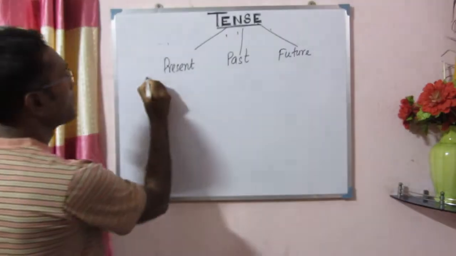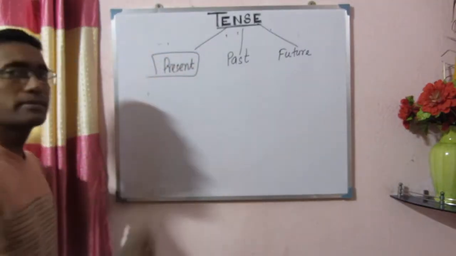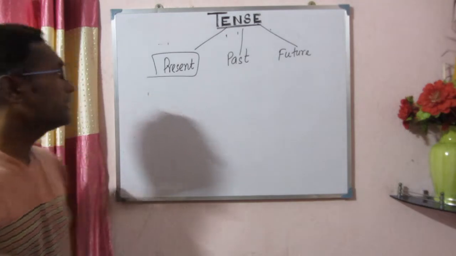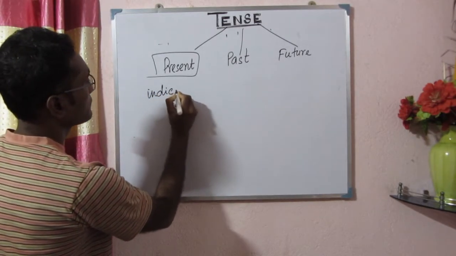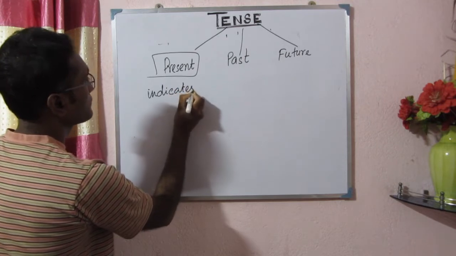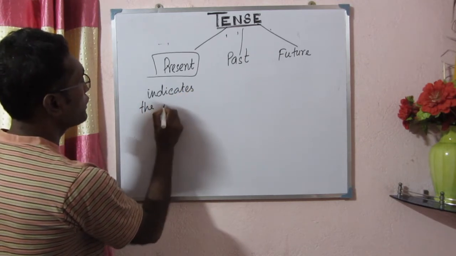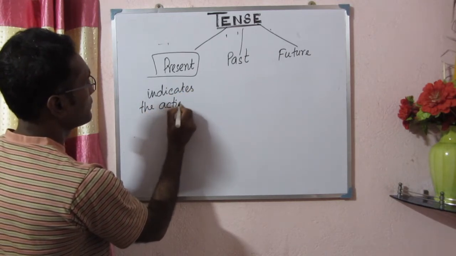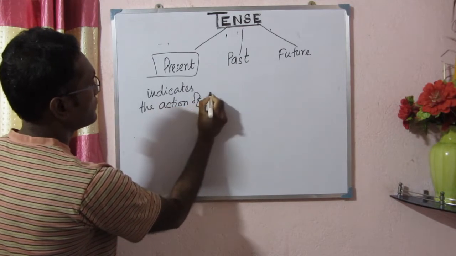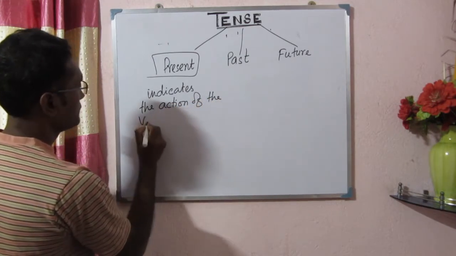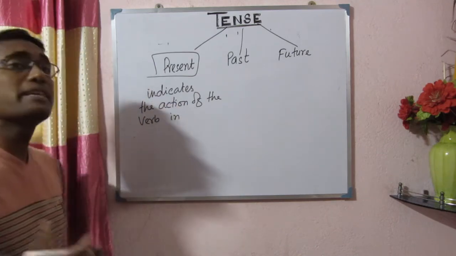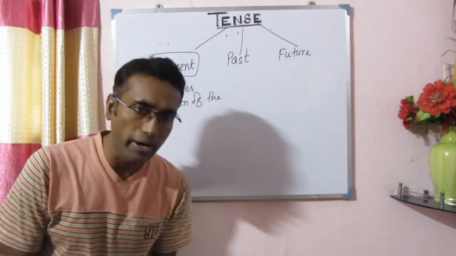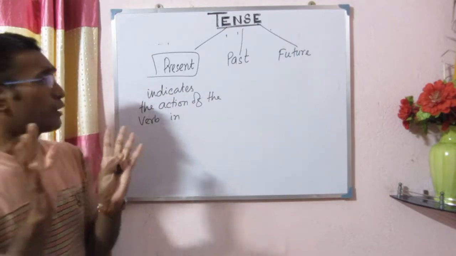So now, what is present tense? Present tense indicates the action of the verb in the present time. Always remember this.